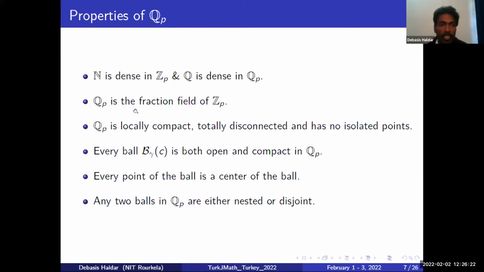Qp is the fraction field of Zp. Qp is locally compact, totally disconnected, and has no isolated points. Every ball B_gamma(c) is both open and compact. Every point of the ball is a center of the ball. Any two balls in Qp are either nested, meaning one is completely inside the other, or disjoint.